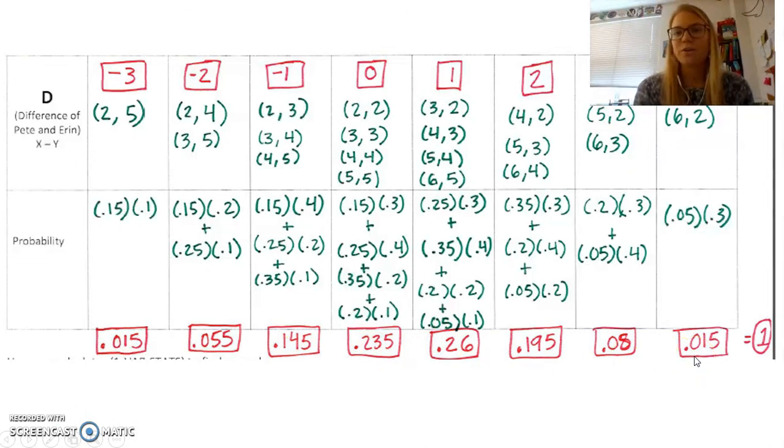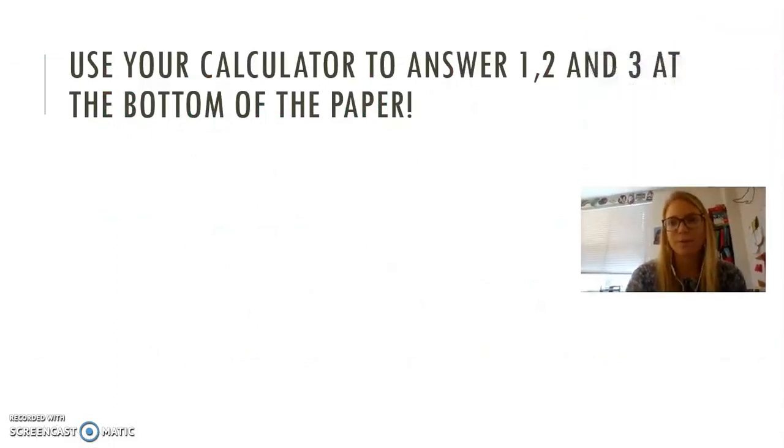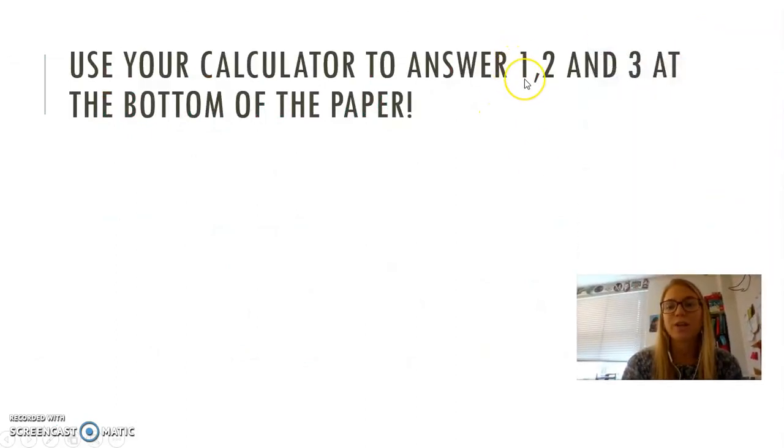So pause the video. All I need you to do is fill in these numbers. I don't need you to fill in all of what I have in green. What I want you to do with those numbers is use your calculator to input them into L1 and L2.